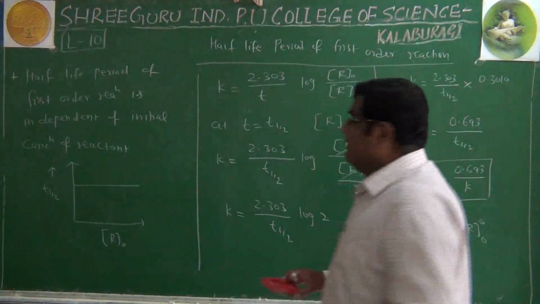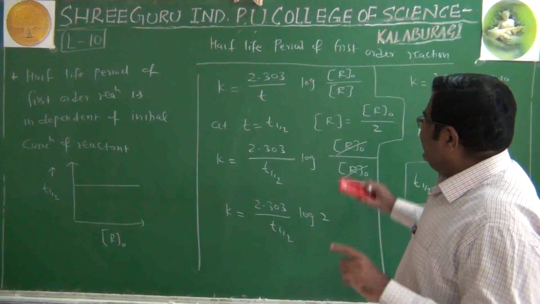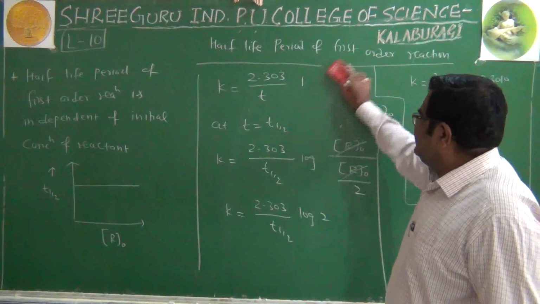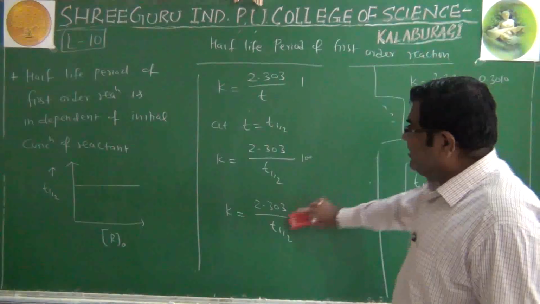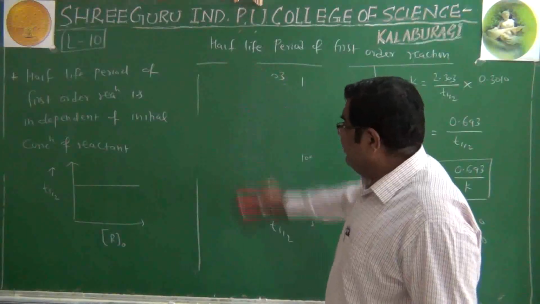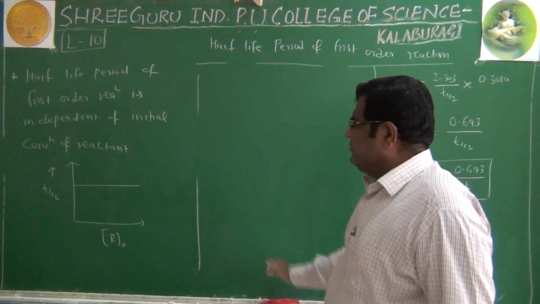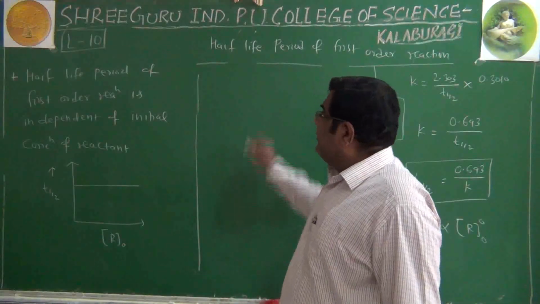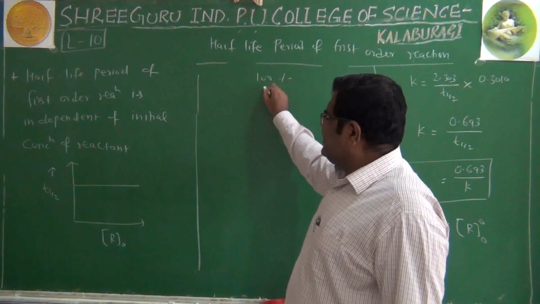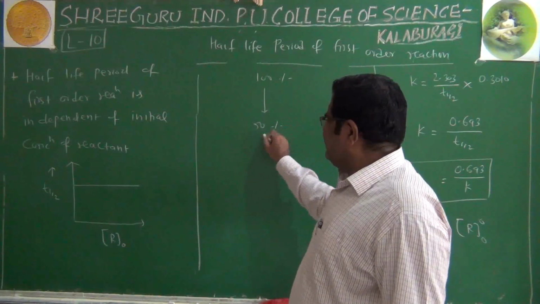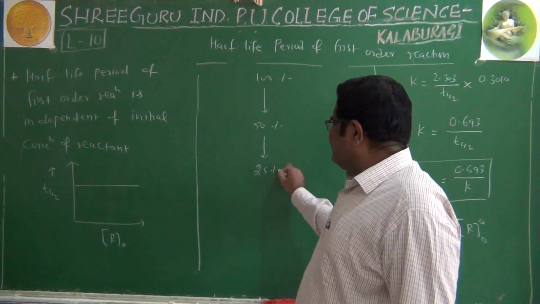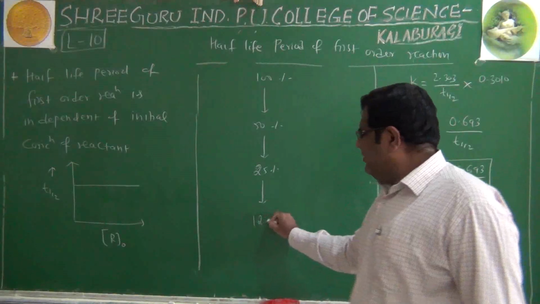Now what we mean by independent, you try to understand carefully, because many students get confused in understanding the meaning of it, but you should listen carefully and you will understand. There is no difficulty in it. We will take the same example: 100% becomes 50%, becomes 25%, becomes 12.5%.